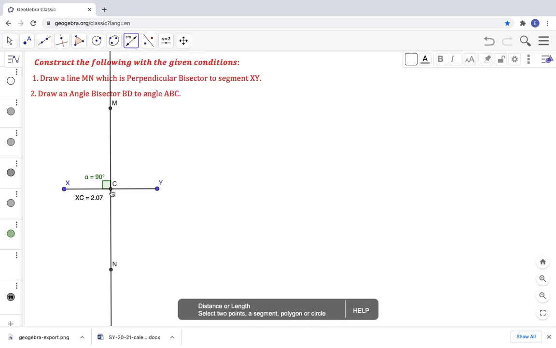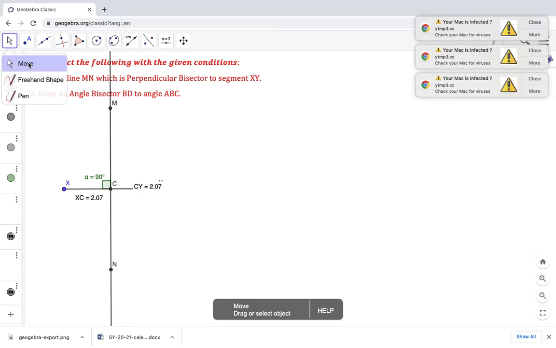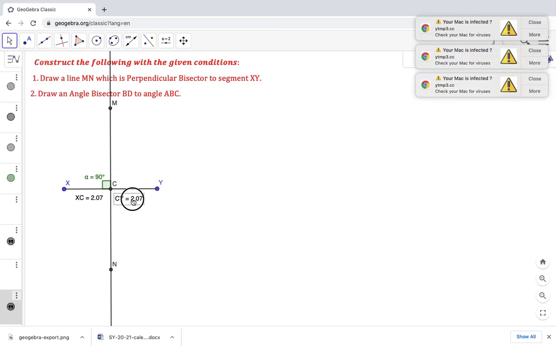The distance from point C going to Y is also 2.07. So this tells us that XC and CY are congruent because they are bisected by line MN. Therefore, line MN is a perpendicular bisector to segment XY.